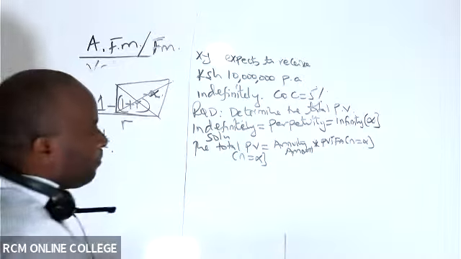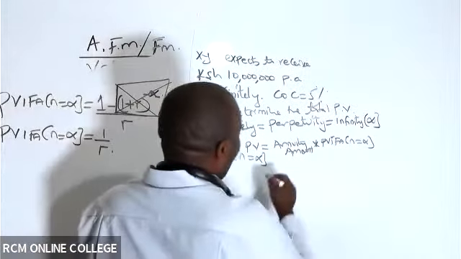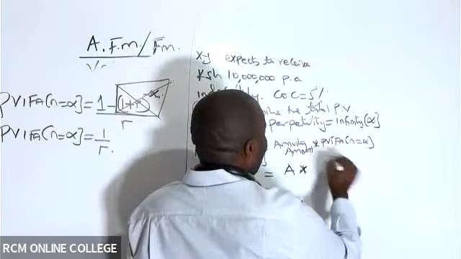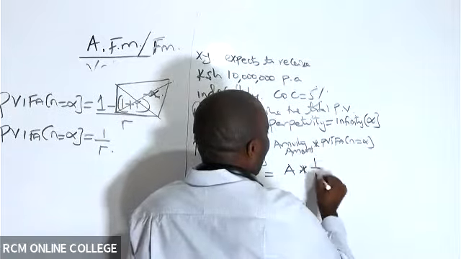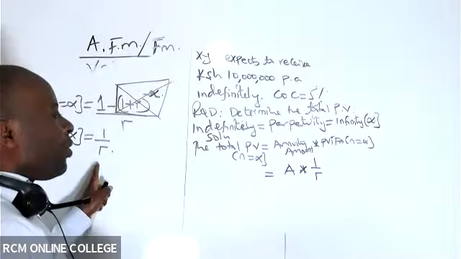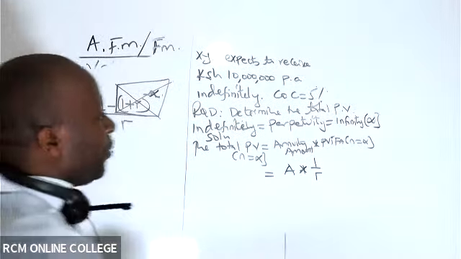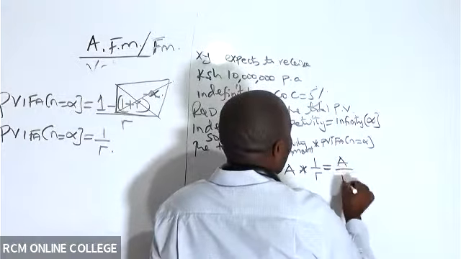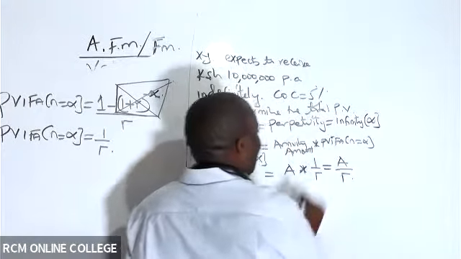Great. So this will be equal to A times the PV far when n is infinity. This will be 1 over r. PV far when n is infinity is this 1 over r, which basically translates to the amount divided by r. Very important.